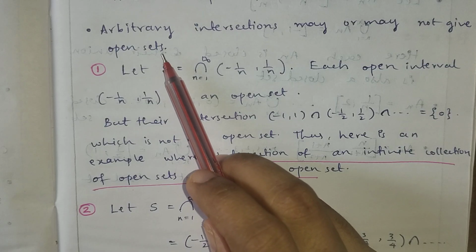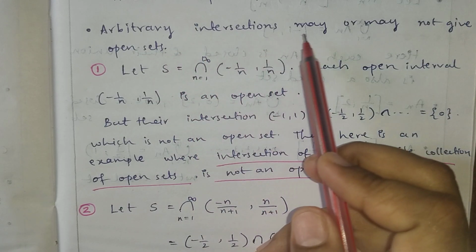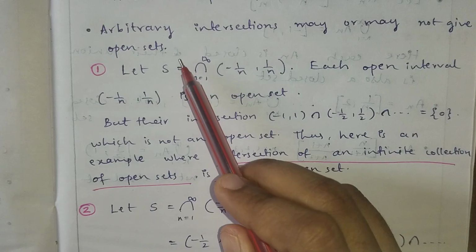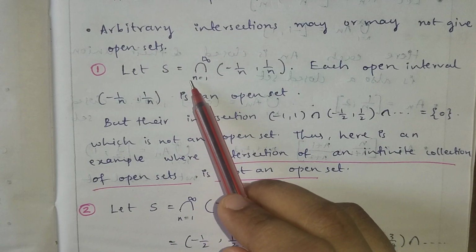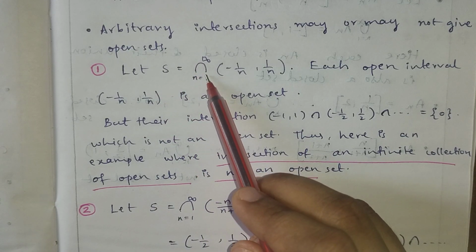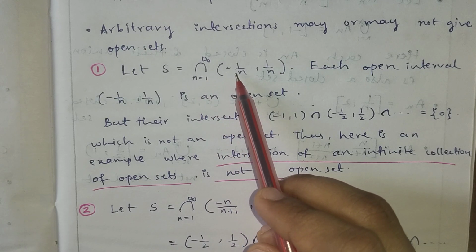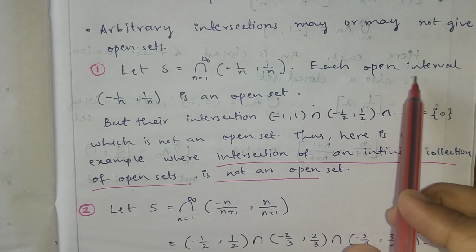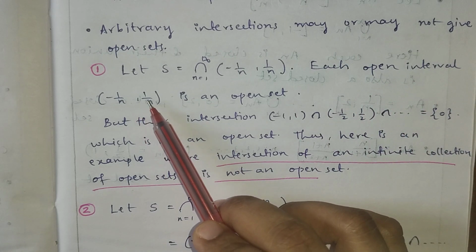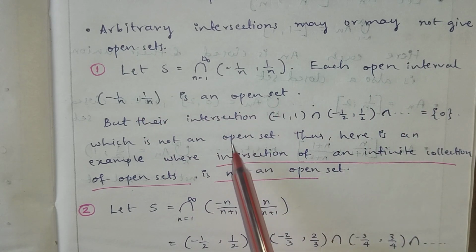Already I have told that arbitrary intersection may or may not give open sets. For example, consider another example. Let A equal the arbitrary intersection of the open intervals (-1/n, 1/n). Each open interval (-1/n, 1/n) is an open set.